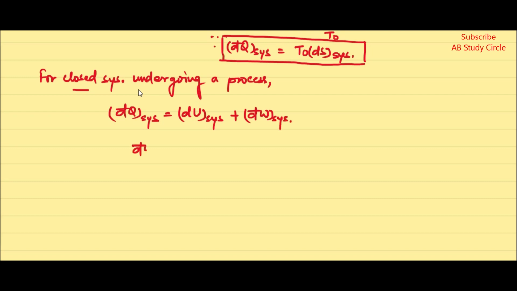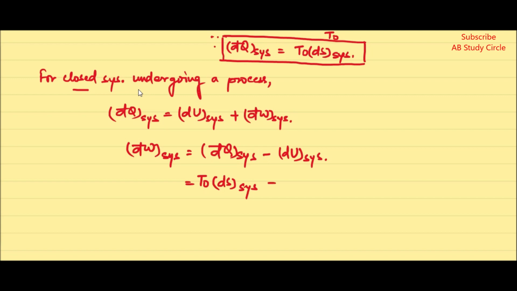So d cut W for the system, when it is interacting with the surrounding, is d cut Q system minus dU system. We have already got d cut Q as T0 dS of the system, minus dU of the system.